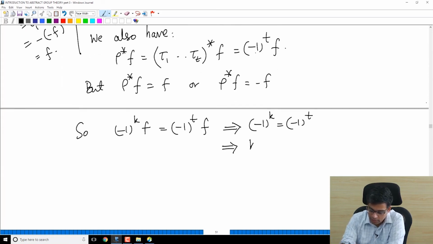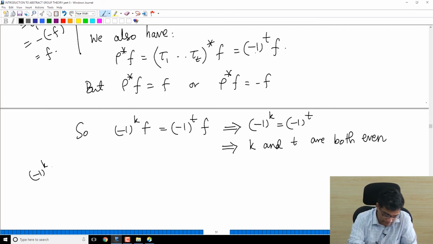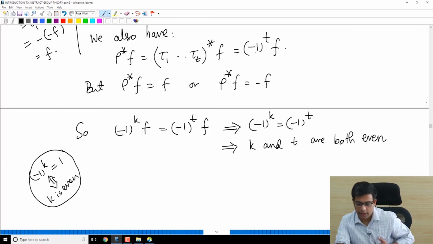This implies k and t are both even or both odd. See, (-1)^k is 1 if and only if k is even. So if k is even, (-1)^k is 1. So (-1)^t must also be 1.